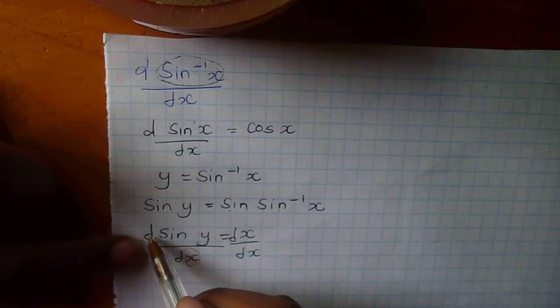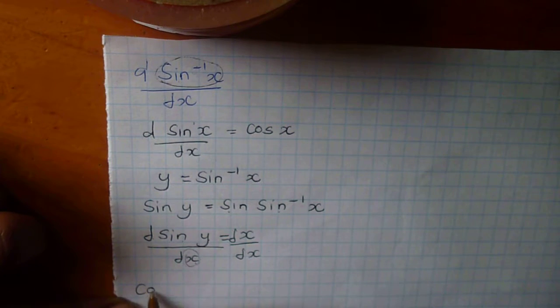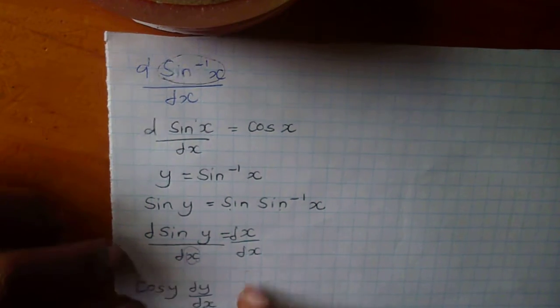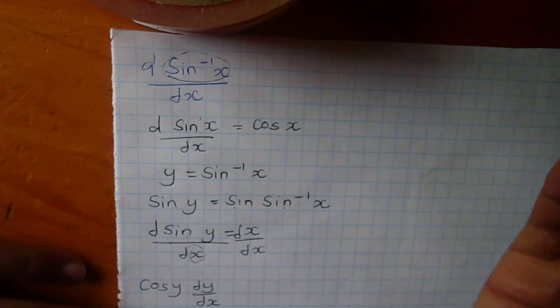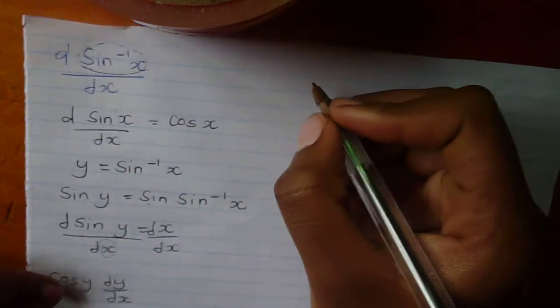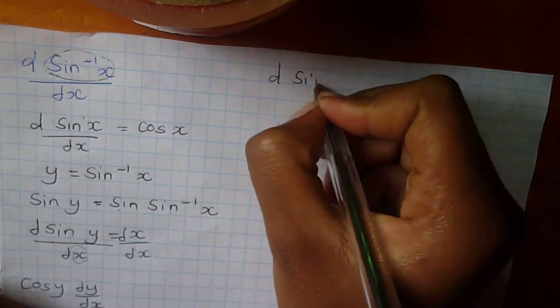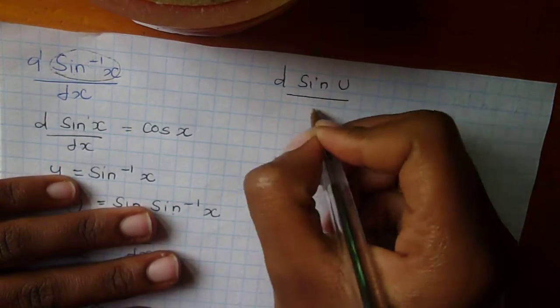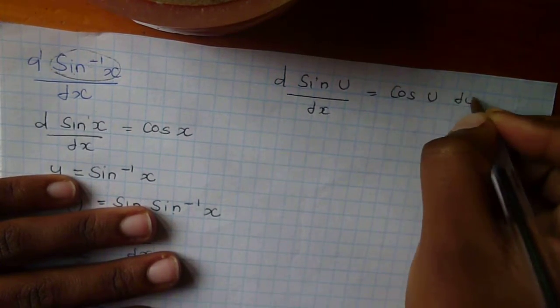So the derivative of sine y over dx will just be cos y dy over dx. This follows from the normal equation of the derivative of sine u over dx, which is cos u du over dx.